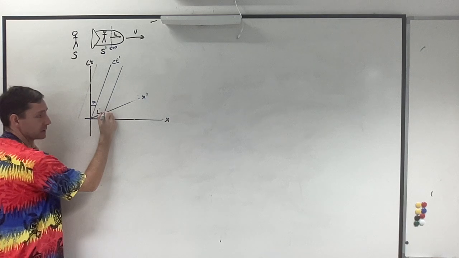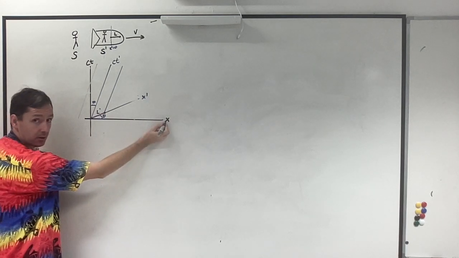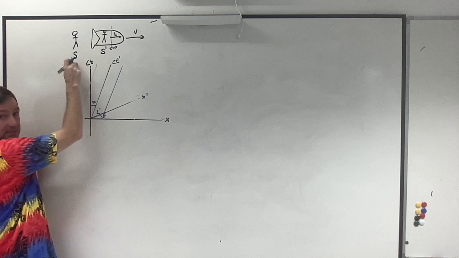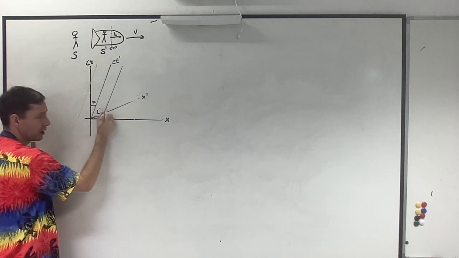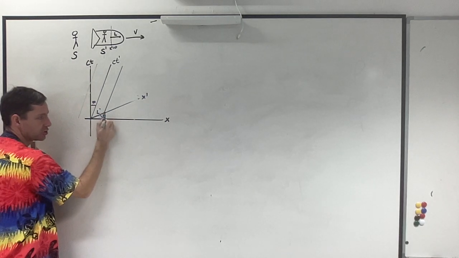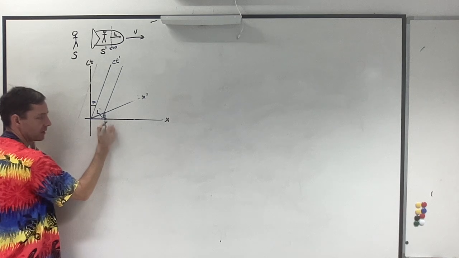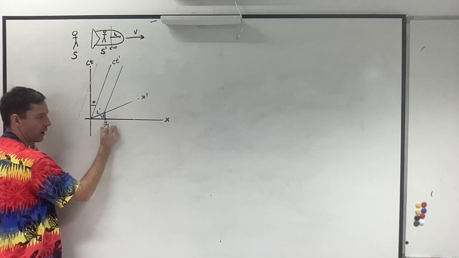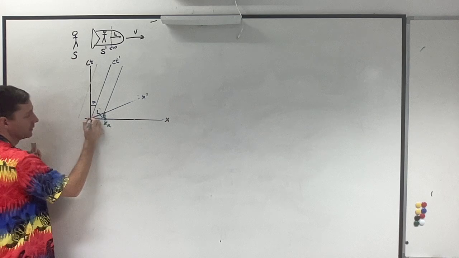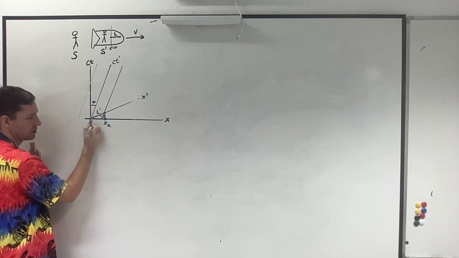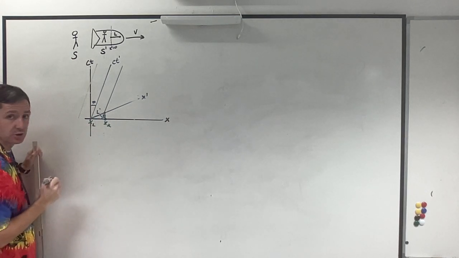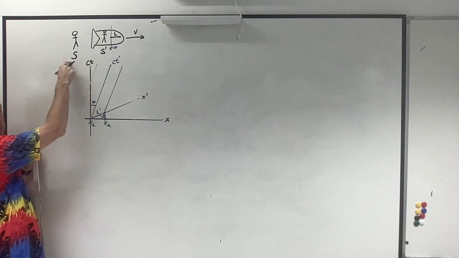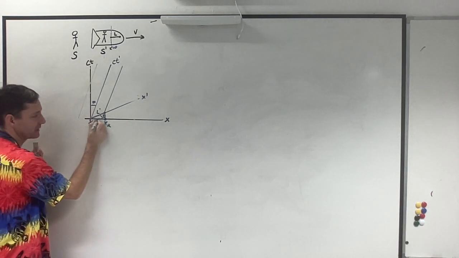From this point, to find the length that the S sees, we would go from here straight to there, and they would see this position right here. That would be the right side of the rod. The left side of the rod would be right here, so XL. So notice what the person S would see is this length right here.